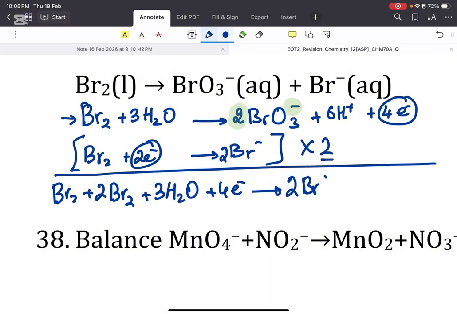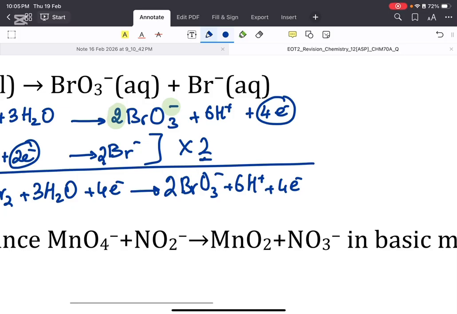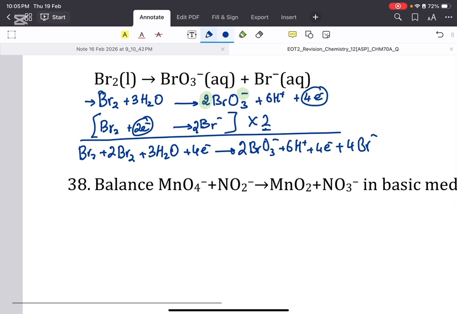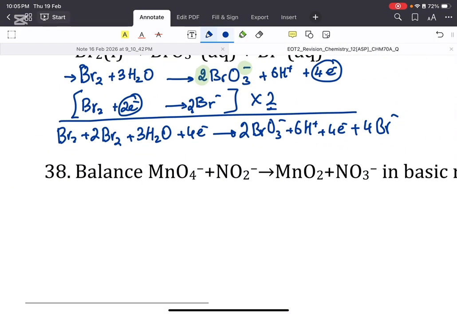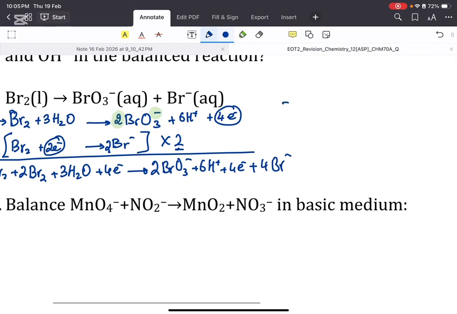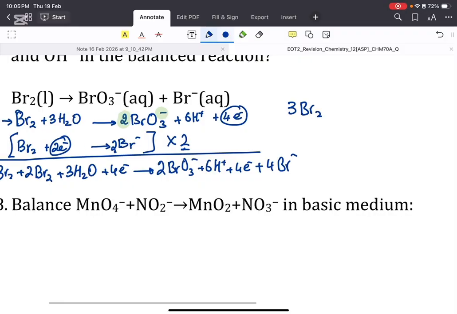Now 2BrO3 minus and 6H plus and 4 electrons, and 2 times 2, that is 4 Br minus. Now these Br2 and Br2, I'm gonna add them together, and it's gonna be 3 Br2.